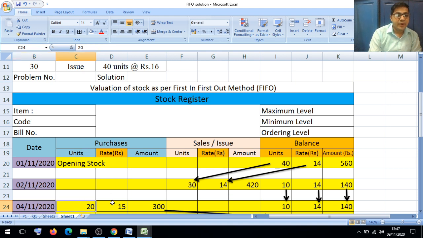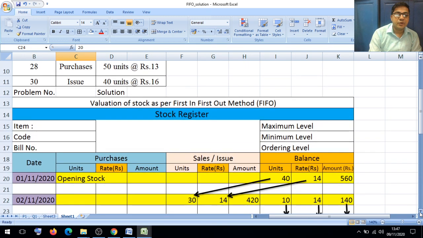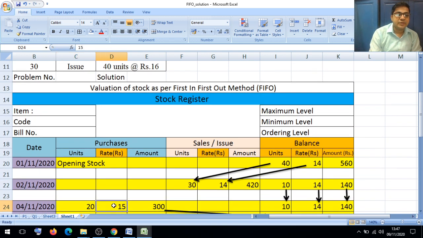The rate is there in our problem, and we have to consider the same rate for the purchase. 15 rupees is there, that we have to write in our column. The rate is recorded, 20 multiplied by 15, 300 is the value of purchases.